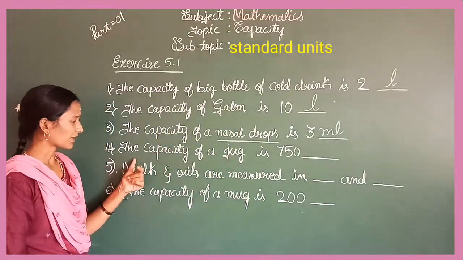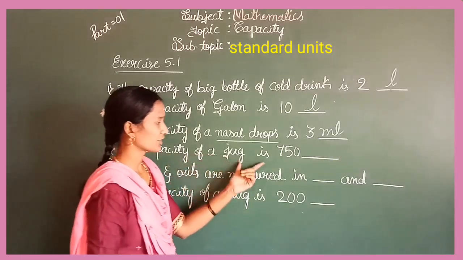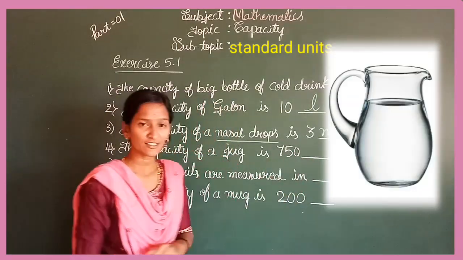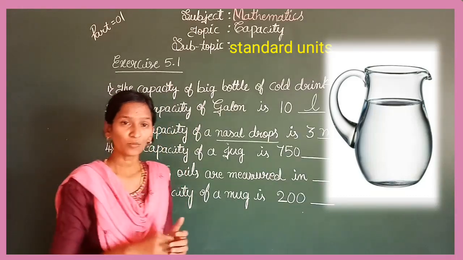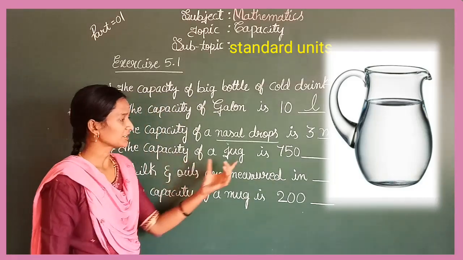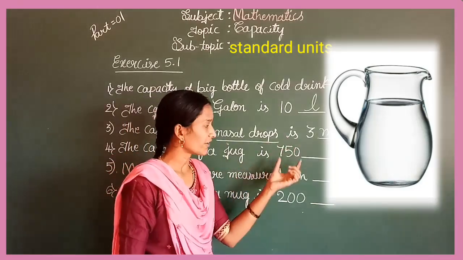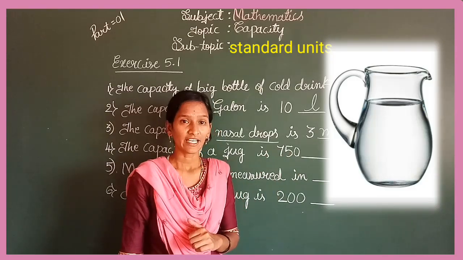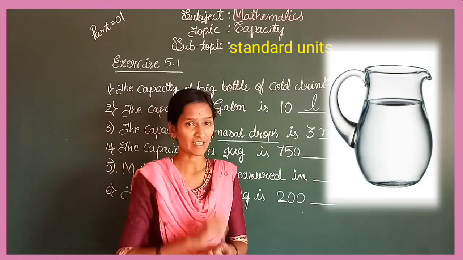So come to the fourth one. The capacity of a jug is 750 dash. So look here, this is a jug. In your home you are using this, right? Now look here, the capacity of this jug is 750 liter or milliliter? Yes, this jug has a less capacity.